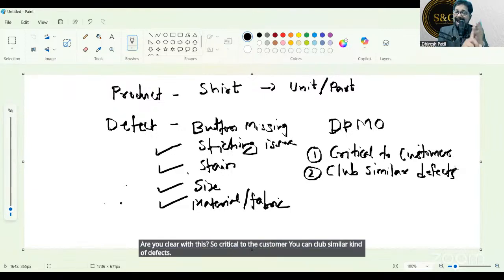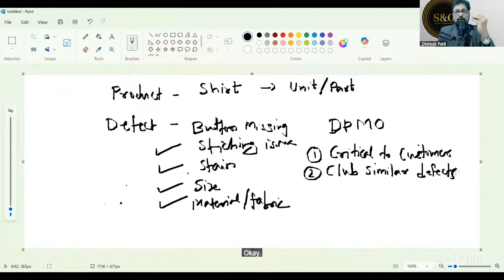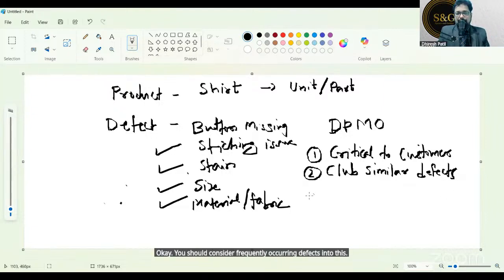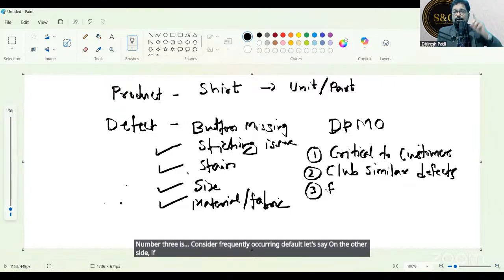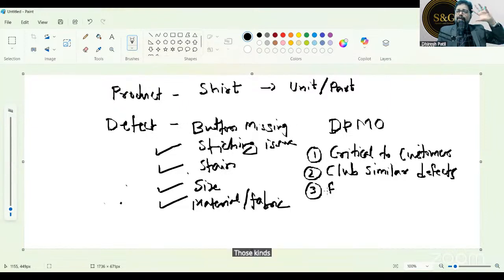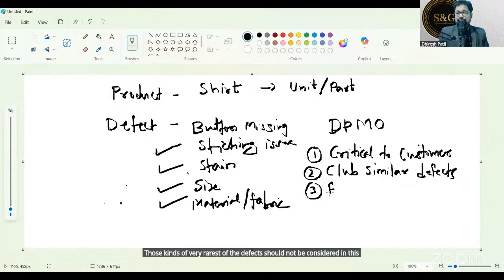Okay. And you should consider frequently occurring defects. Number 3 is consider frequently occurring defects. Let's say, on the other side, if a defect has come once in 20 years, those very rare defects should not be considered in these defect opportunities.